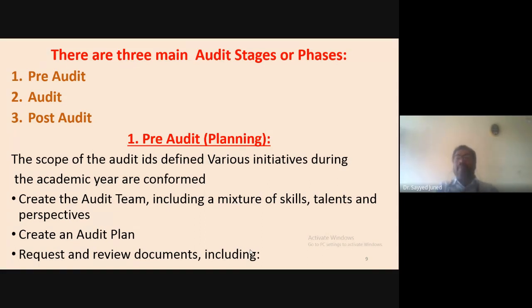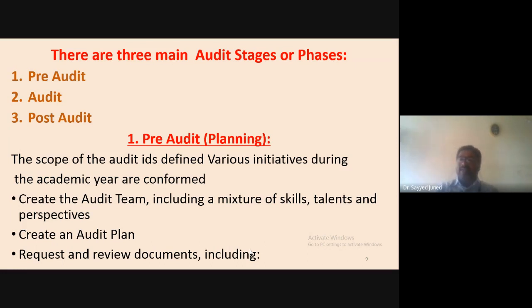So now, what is the pre-audit? Pre-audit means we have to plan how to evaluate or how to calculate, this procedure. It means the scope of the audit is defined, and the various initiatives during the academic year are confirmed.